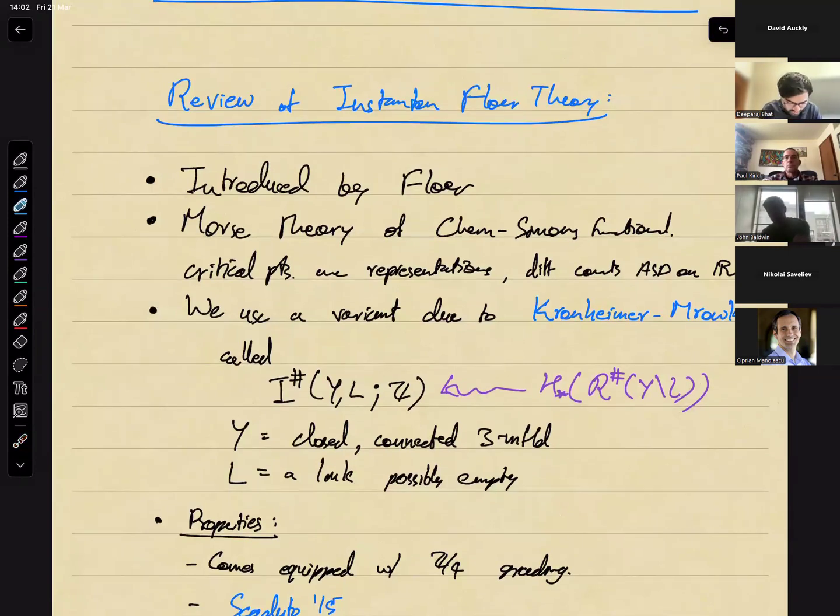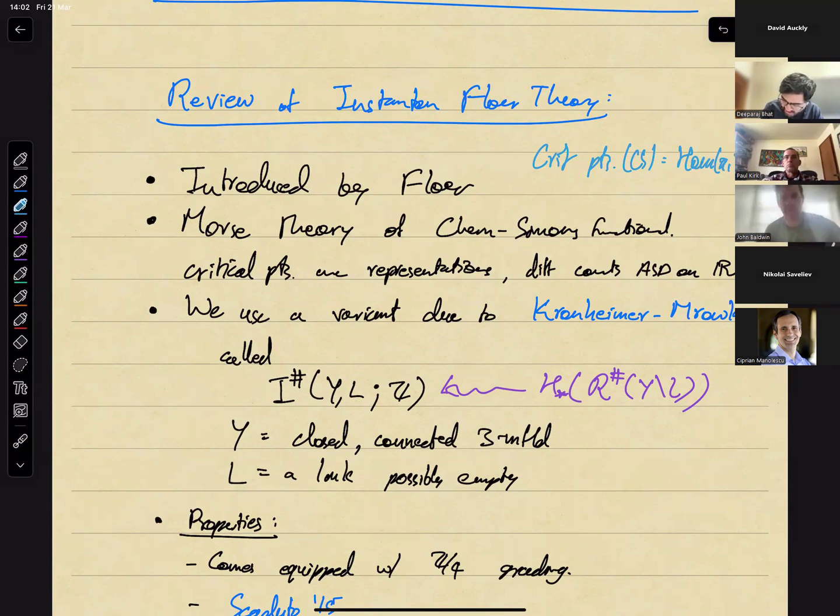So, just as a brief reminder, the critical points of the Chern-Simons functional are homomorphisms from pi 1 of Y, where Y is your three-manifold, where you look at SU2 representations up to conjugation, and you'd like to do Morse theory on this.